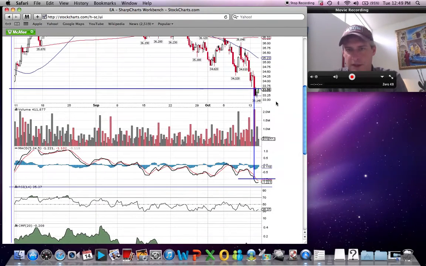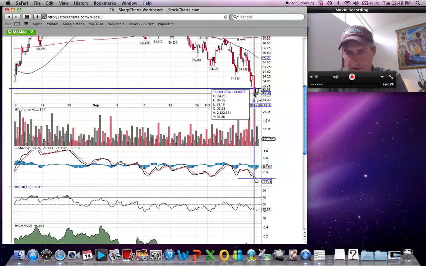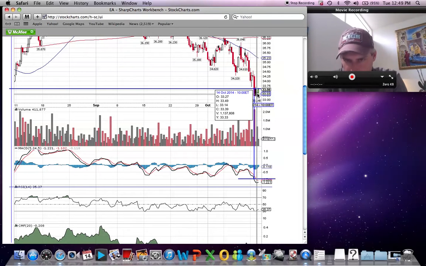So first thing I'm going to take a look at is this MACD. So far, nothing on that. Now, this low was 33.19, 20, and 33.14.